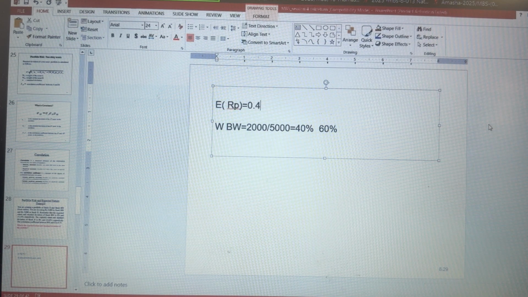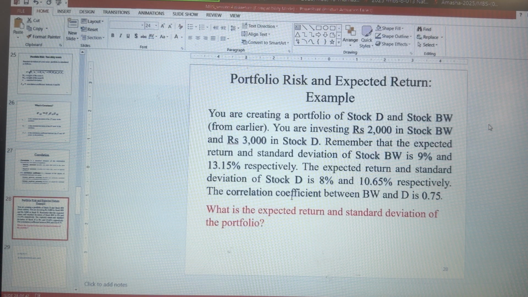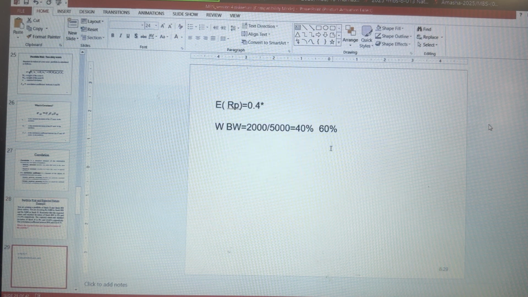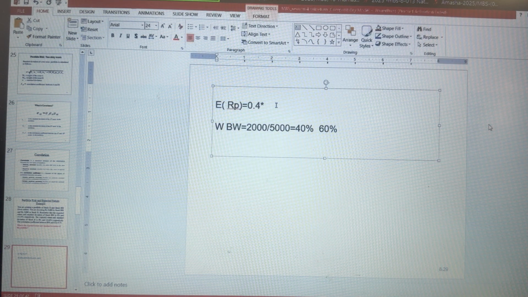So 0.4 multiplied by the return rate. BW's return rate is 9%, so the expected return is 0.09, plus the other stock, stock D, with 0.6 weight.